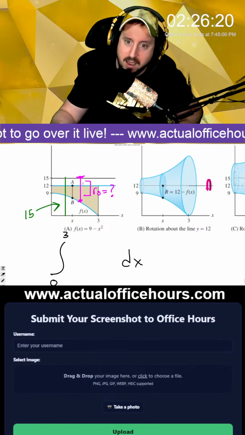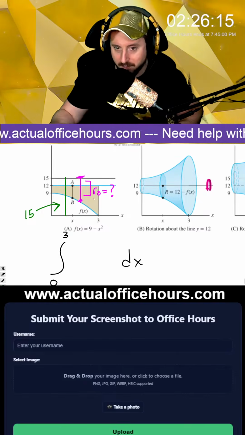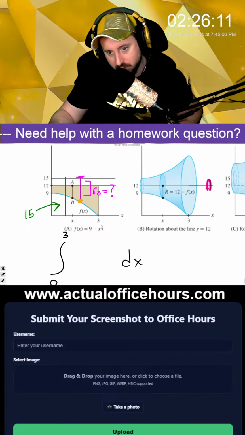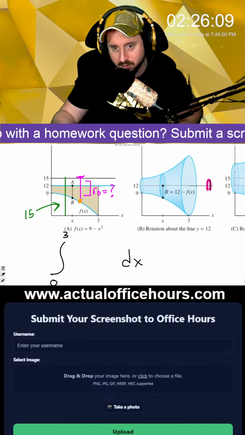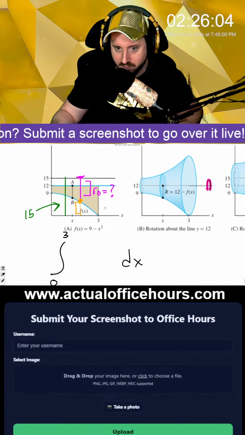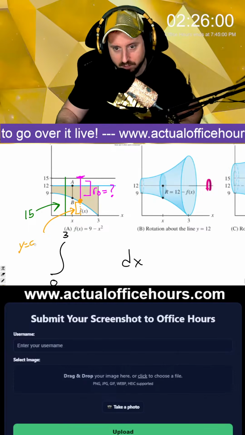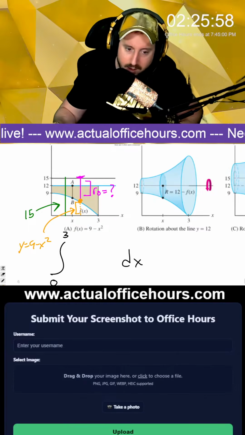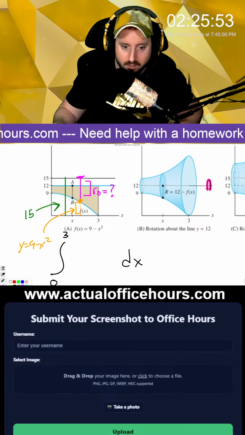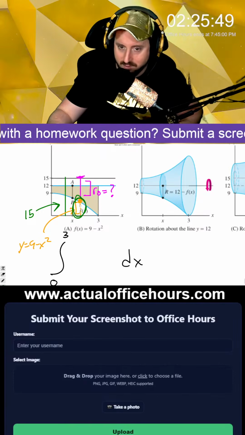So then how do I describe what this is based on what value of x we're at? Well, when I'm along this function here, which I think is 9 minus x squared, the y coordinate of this function describes this. So y is equal to 9 minus x squared. And if I want to know r outer, that's 15 minus this.